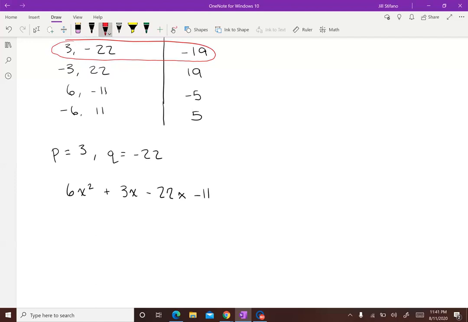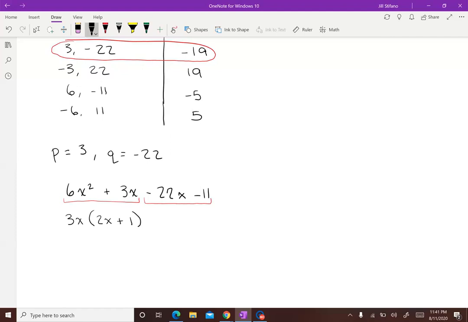Now we factor out the GCF of each part that I'm underlining. So the GCF of 6x squared and 3x would be 3x. And we're left with 2x plus 1.